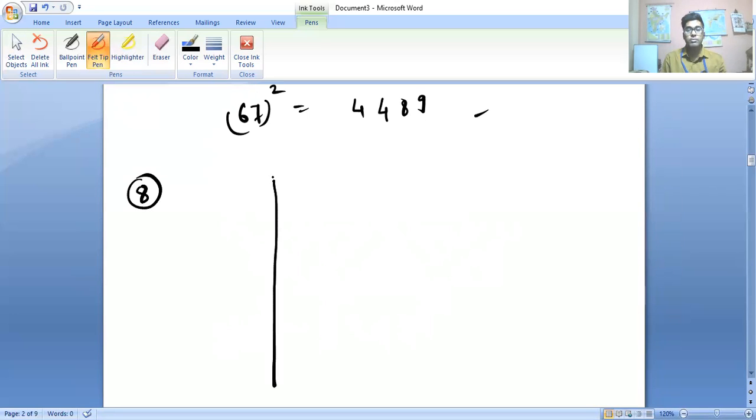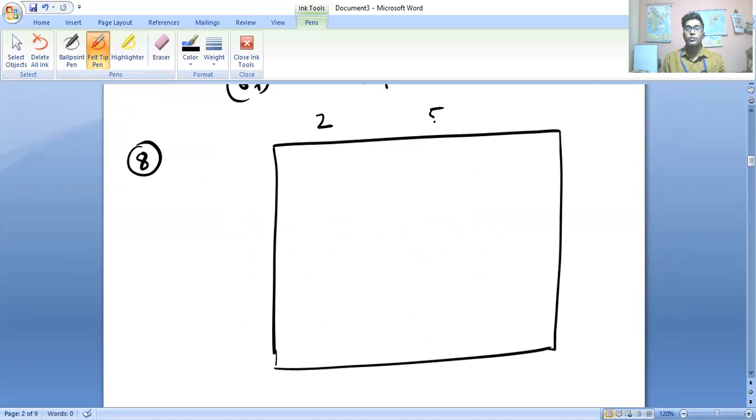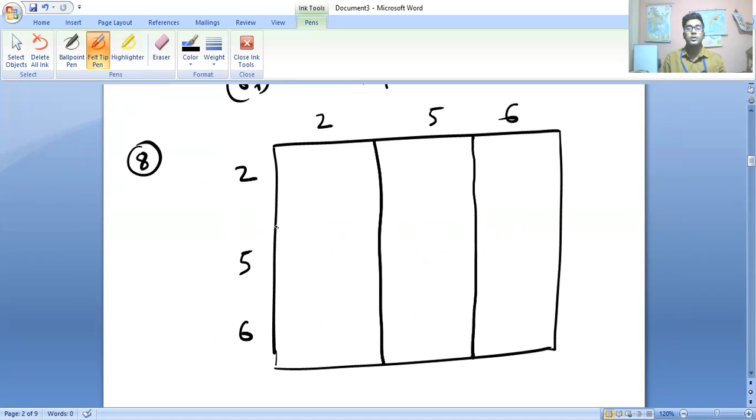Here we make the box a little bit bigger. Here also 2, 5, 6, there also 2, 5, 6. So here we'll divide the box into 3 equal parts.